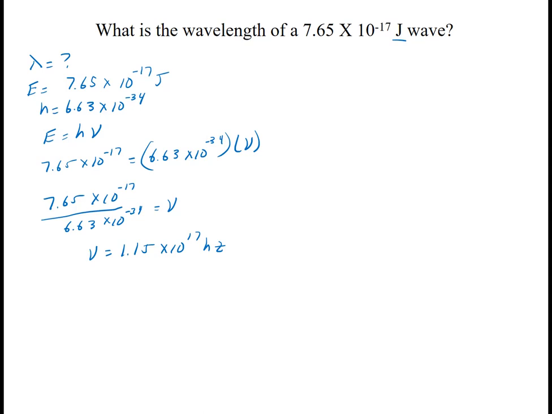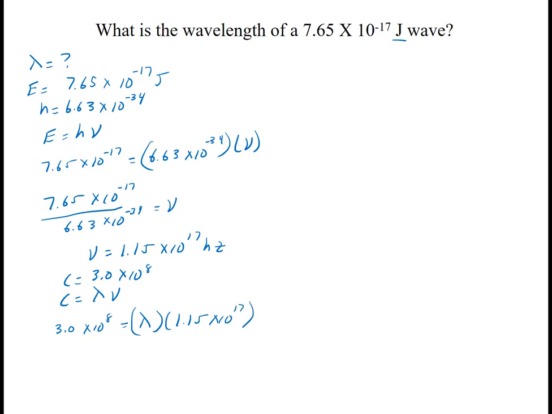And then I can relate nu and lambda using the equation c is equal to lambda nu, and c is that constant of 3.0 times 10 to the 8th. So I have 3.0 times 10 to the 8th is equal to lambda times 1.15 times 10 to the 17th.